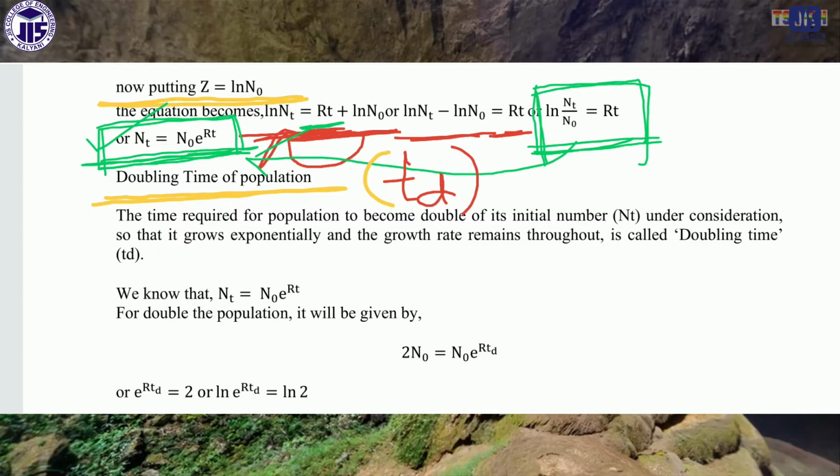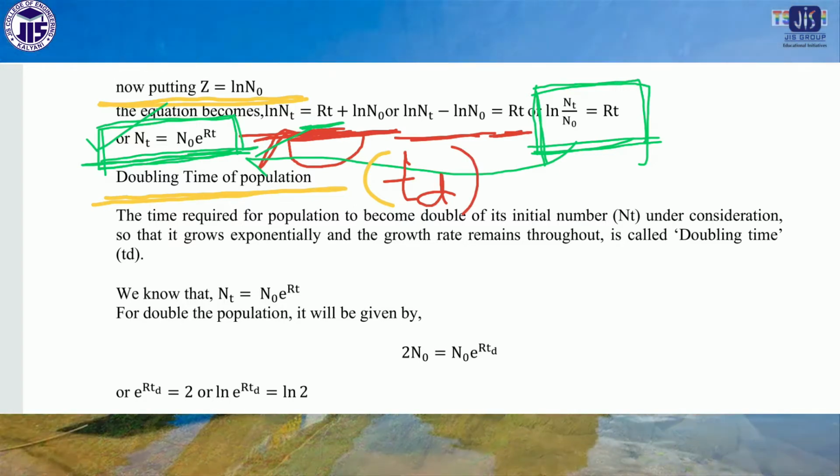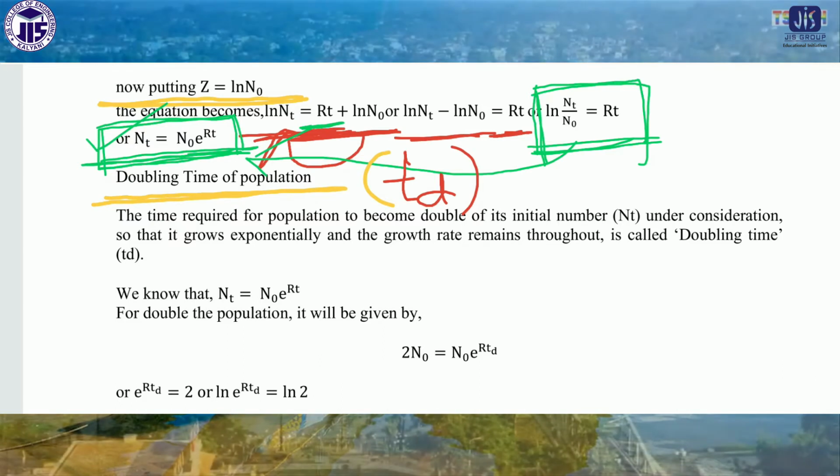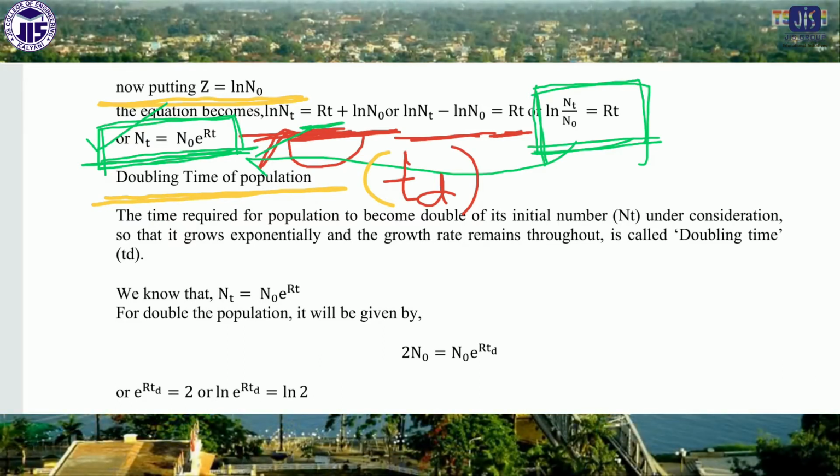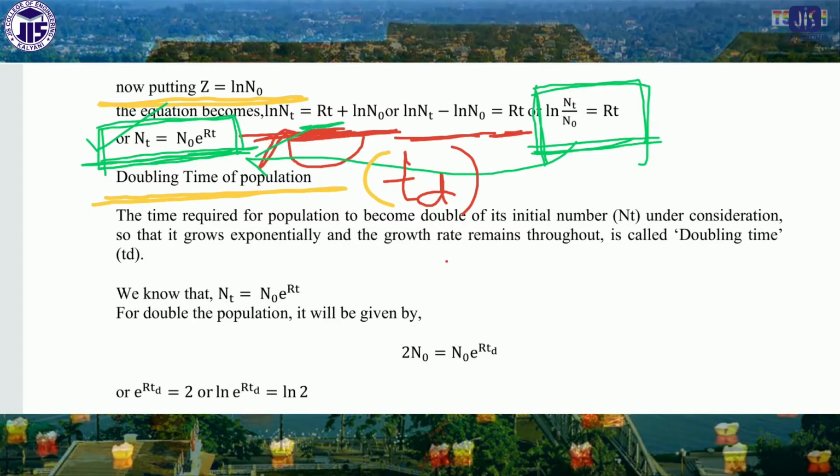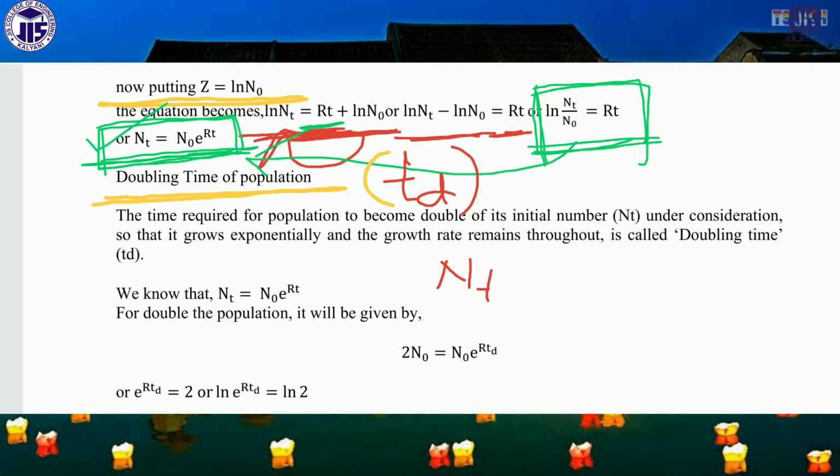T means time, d means doubling. Doubling means when the population becomes double the initial population. That's very simple, we can take nt equals 2n0, isn't it?